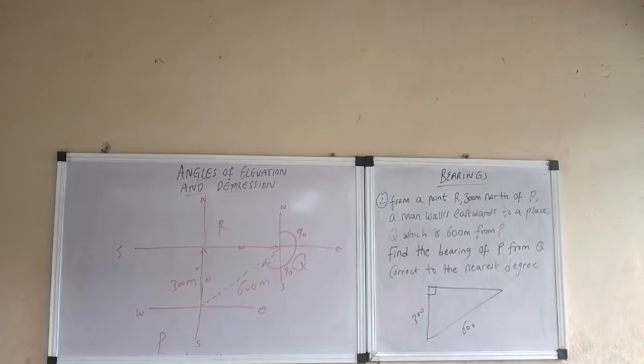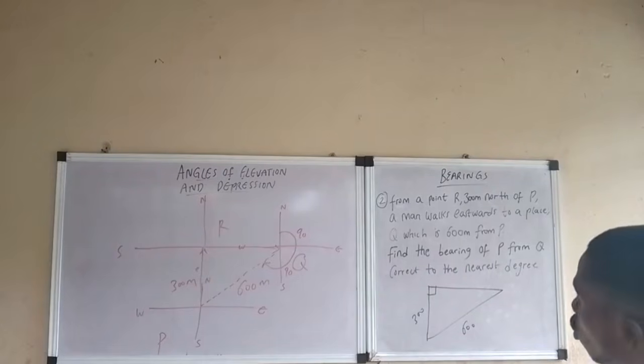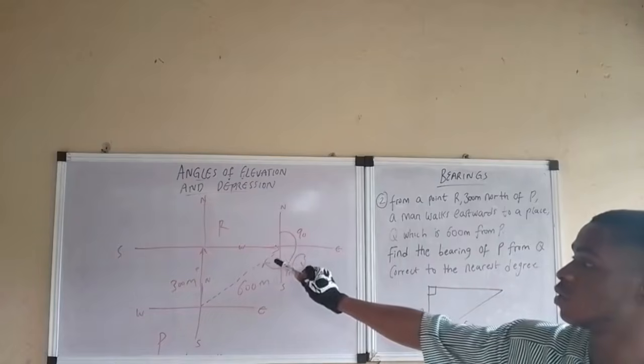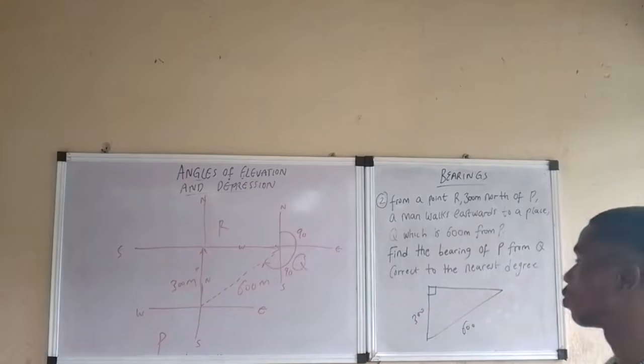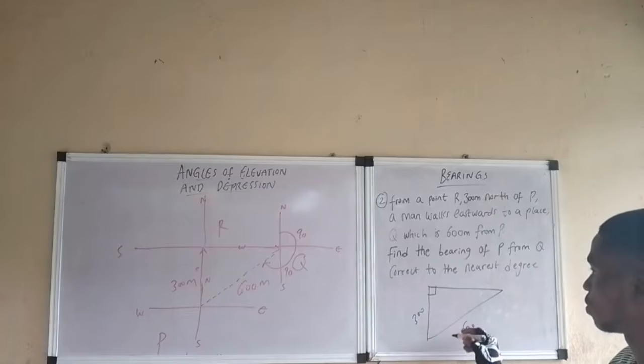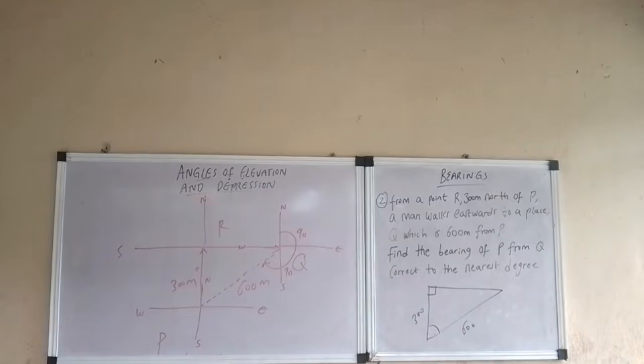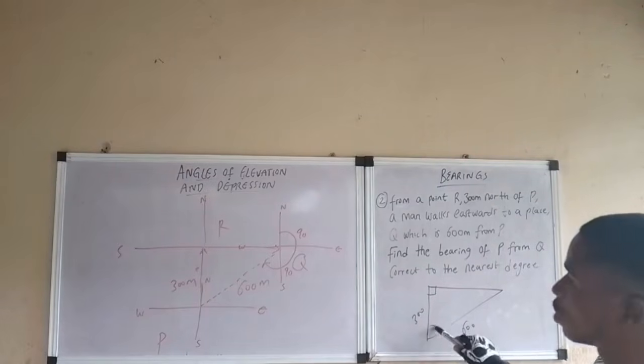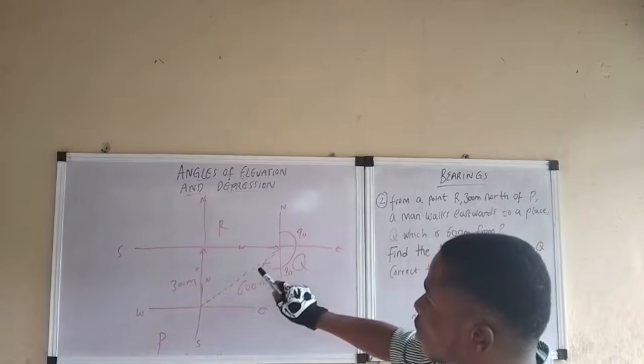All right. Because this is a right angle triangle, usually we can apply our SOHCAHTOA, and we can also apply our Pythagoras theorem, but that does not really concern us. What we need to find is this angle. And to get this angle, we just need to find this position, because this position here is alternate to this position here.